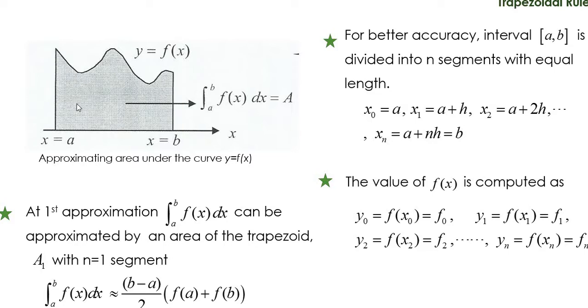In this curve, it is bounded by a value here, starting with A and final value is B. If we refer back to this integration, this is our final value, which is B, and this is our start value, which is A. For the function of x dx, it's actually approximating the area under the curve.